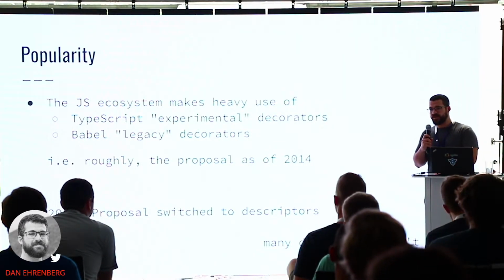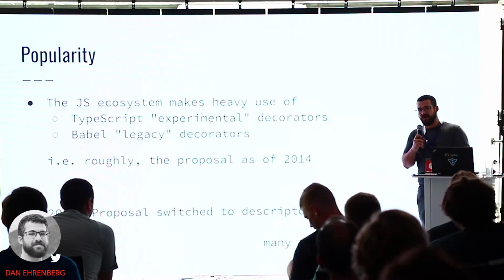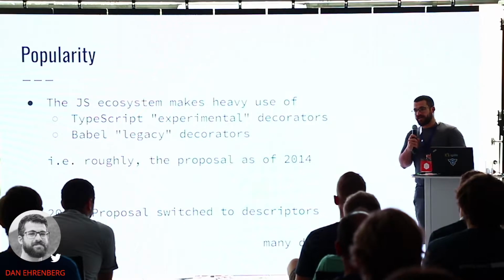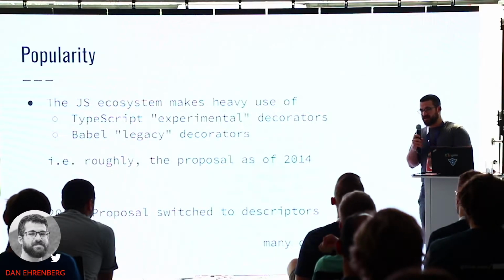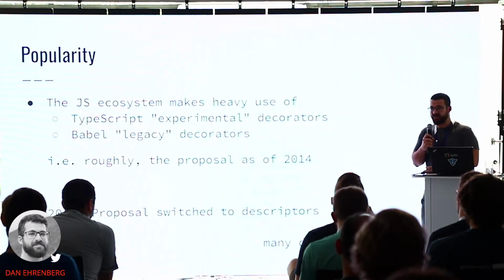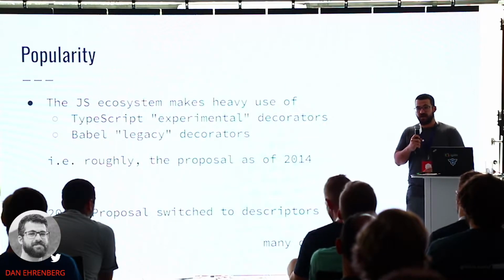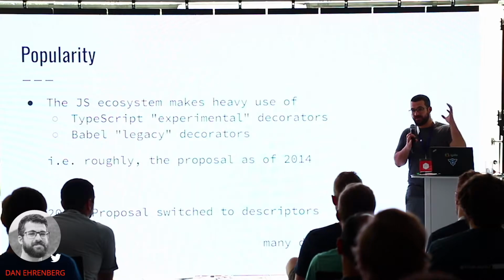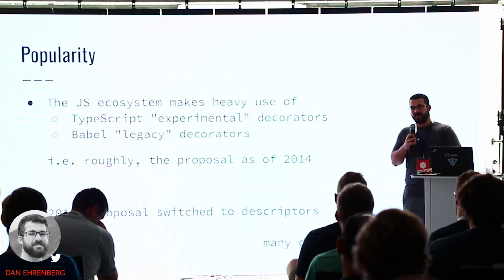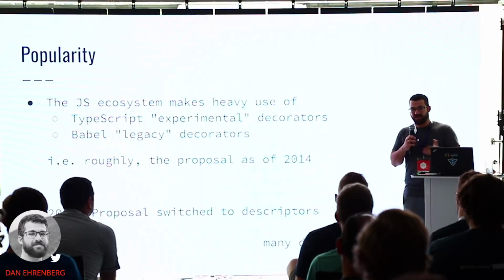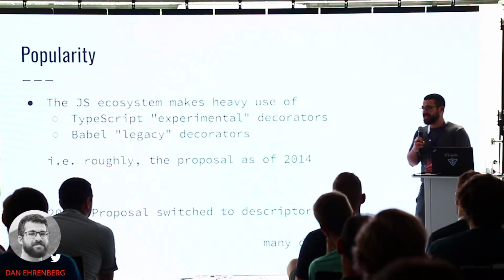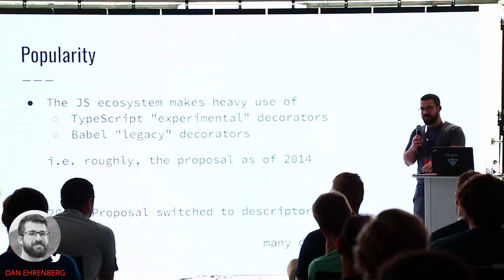Around 2014, 2015, Yehuda Katz and Ron Buckton and some other people got together, and they said, look, classes don't give us enough functionality to be useful. At that time, frameworks typically had these systems where you would pass in a big object to construct a class. There were all these different class frameworks, and a lot of them didn't work very well. The hope with ES classes was we can eventually make this work.